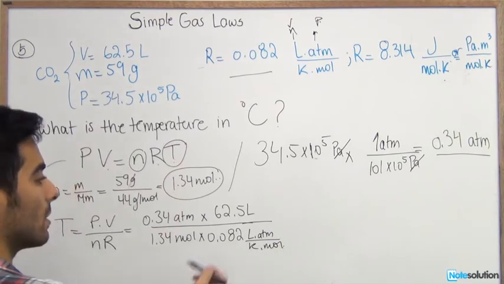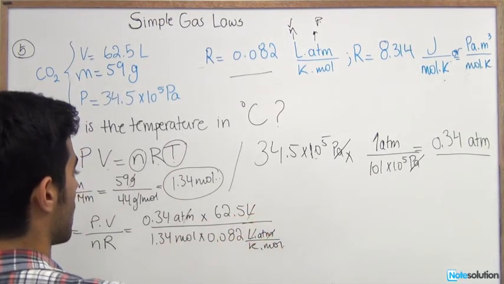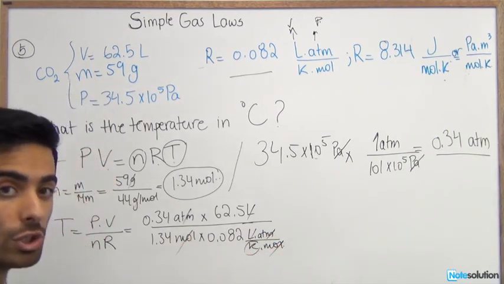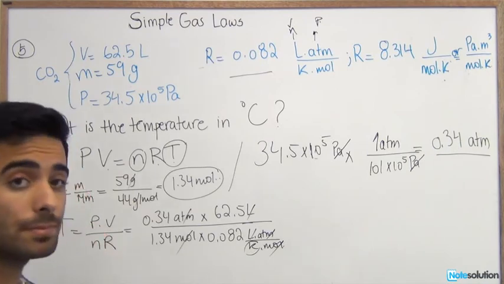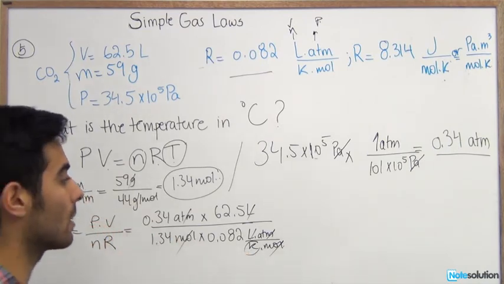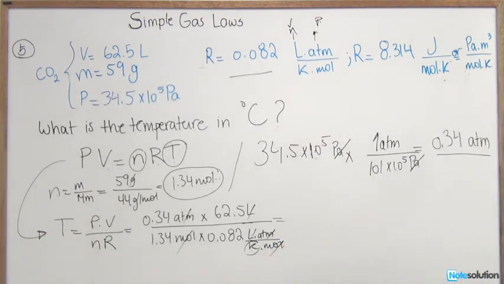Let's cancel out the units. Liter cancels out with liter, atmosphere cancels out with atmosphere, mole cancels out with mole. So we're left with Kelvin, which should assure us that we are doing the right thing, because Kelvin is the unit for temperature.